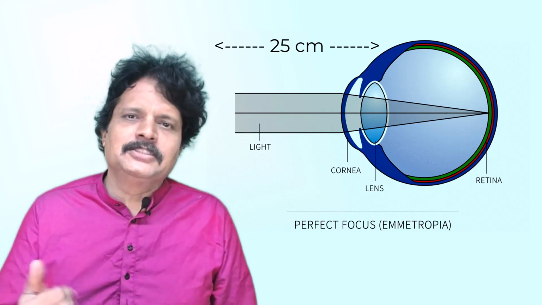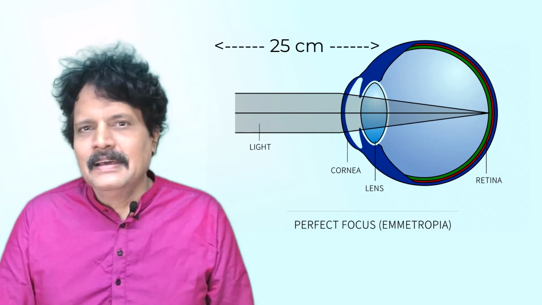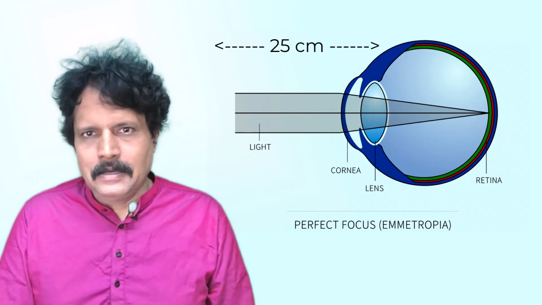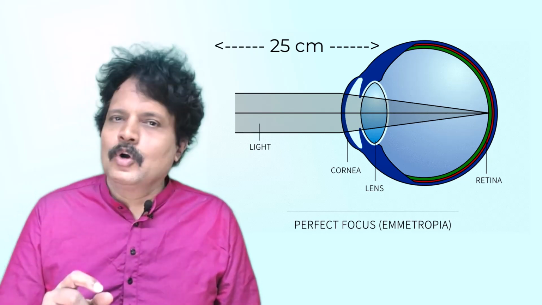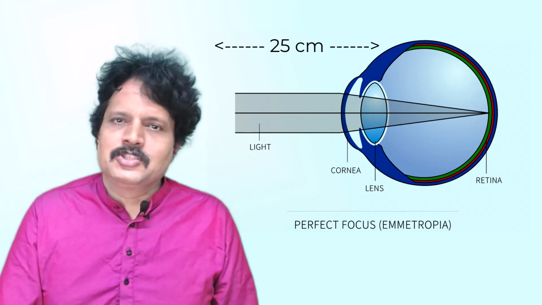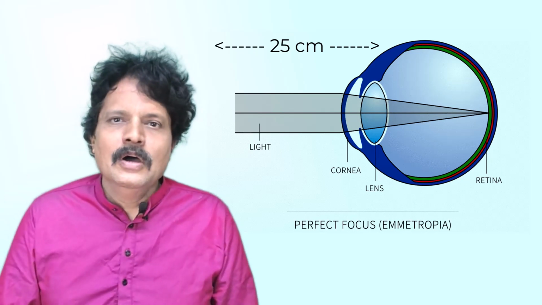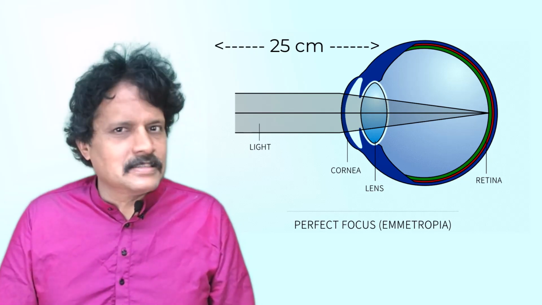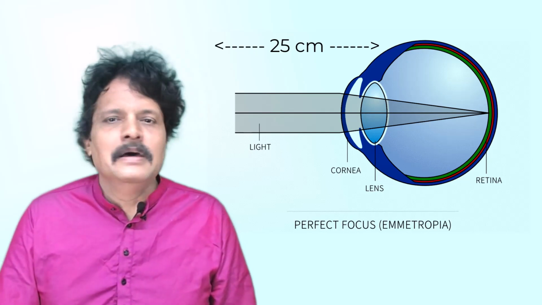All the objects beyond 25 centimeters are focused for us because our eye's focal length is very small and its diameter is also very small. So this hyperfocal distance is just 25 centimeters.